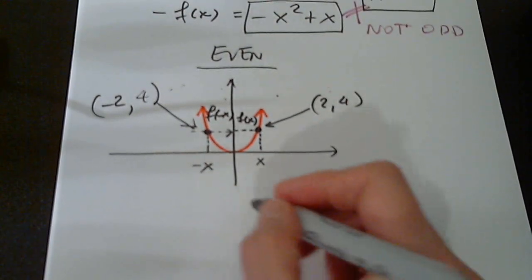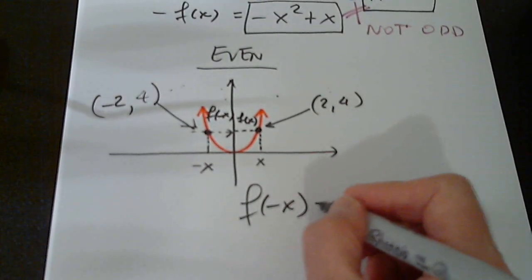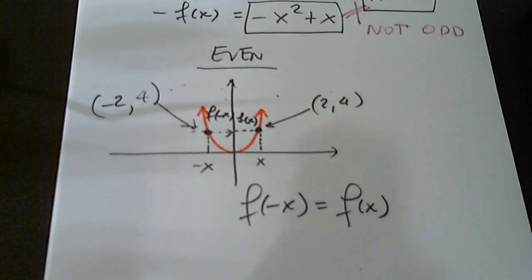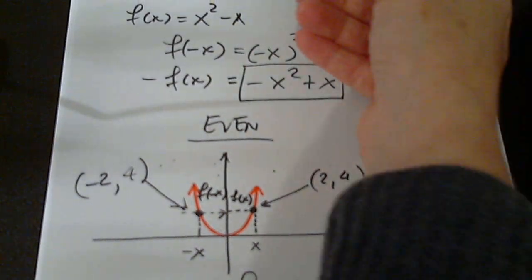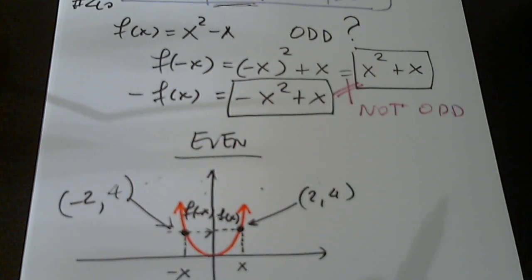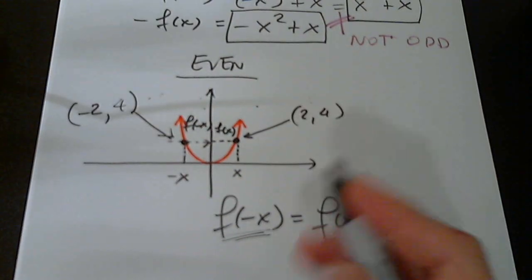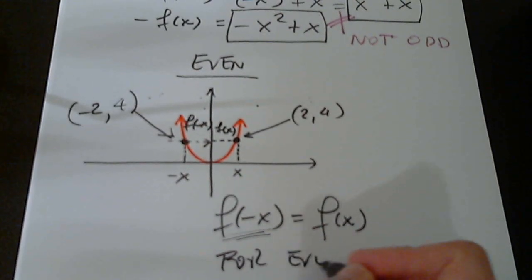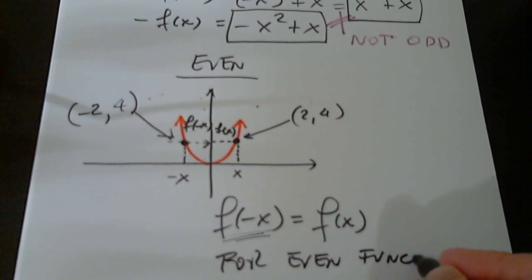Very easy. F of negative x is identical with the function as is. So see how similar this is: here is the opposite, and this is the identical. So this is for even functions.